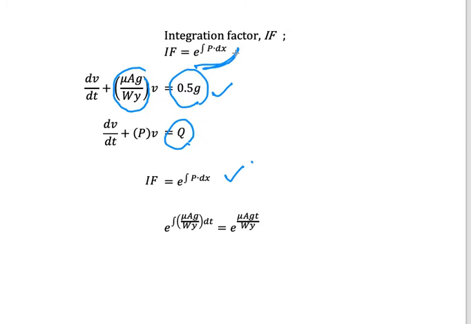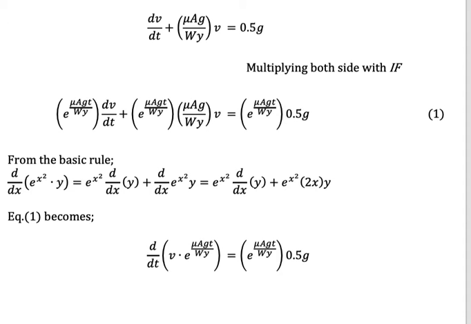Because we have a dt here, it is equal to e to the power of, so we integrate this one, and we could get e to the power of mu A g t over W y.